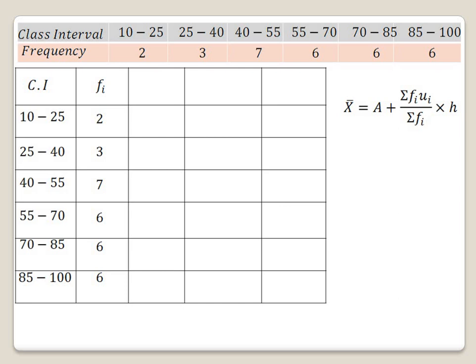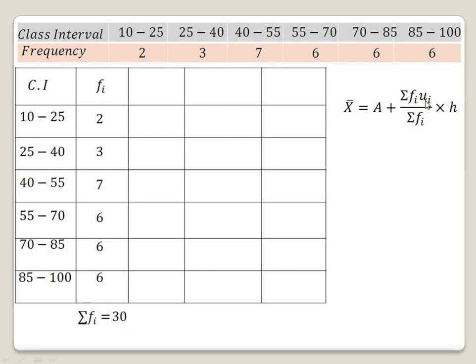First we have to find the sum of fi, that means we have to add all the frequencies: 2 plus 3 plus 7 plus 6 plus 6 plus 6. After addition of all these frequencies we get 30, therefore the sum of fi equals 30.